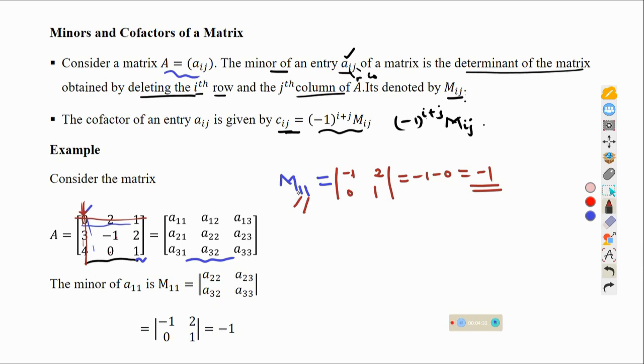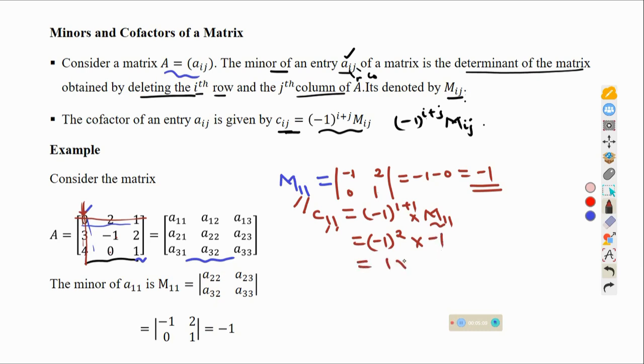Having got the minor, then get the corresponding cofactor of the entry in position first row, first column. That one is given by the formula negative 1 to the power i plus j. i is 1, j is 1. So it is 1 plus 1 times m11. So this will be the same as negative 1 to the power of 2 times m11. m11 is negative 1.